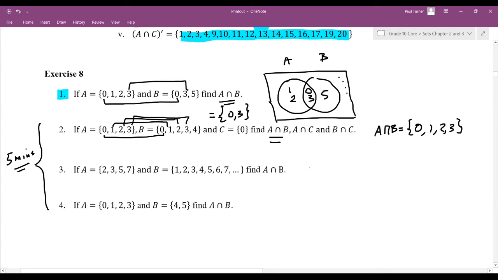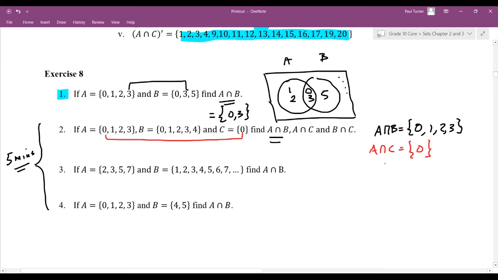For that, A intersects C. Let's clean the board a bit. So A intersects C. We've got, oh, only 0. Okay, so the shared element is 0 for that one.